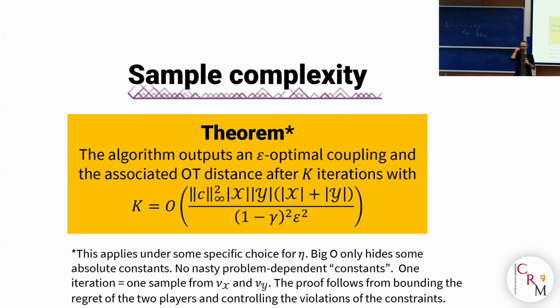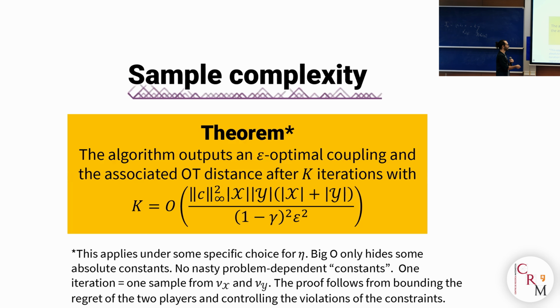So we did a bunch of theory about this. We have this very nice sample complexity and runtime guarantee for this method. It says that the algorithm that I've just shown you is going to return an epsilon optimal estimate of the optimal transport distance that I'm after. After this many iterations, it's 1 over epsilon squared.